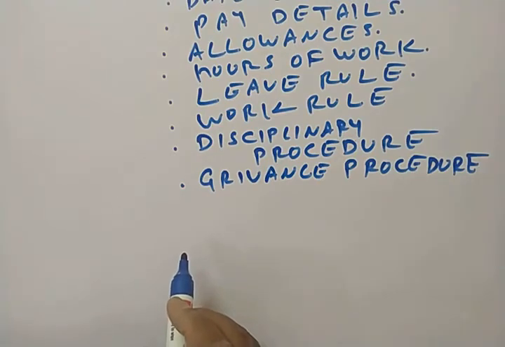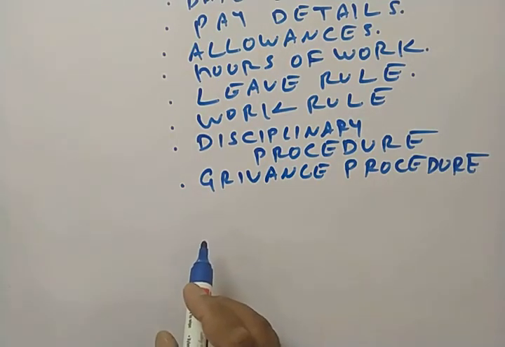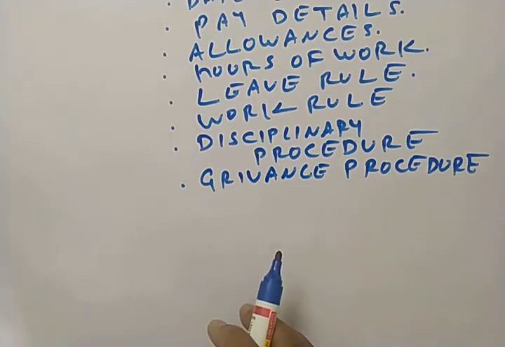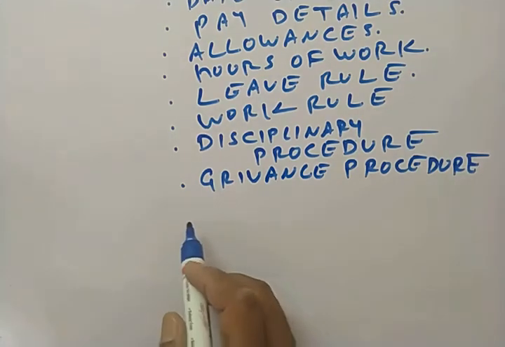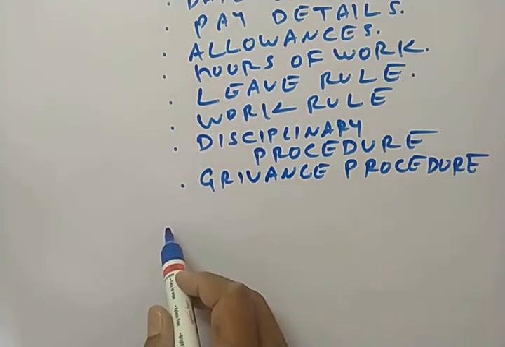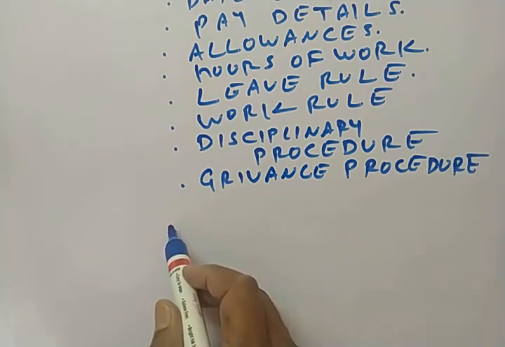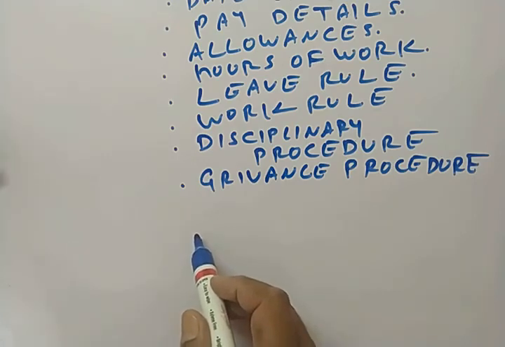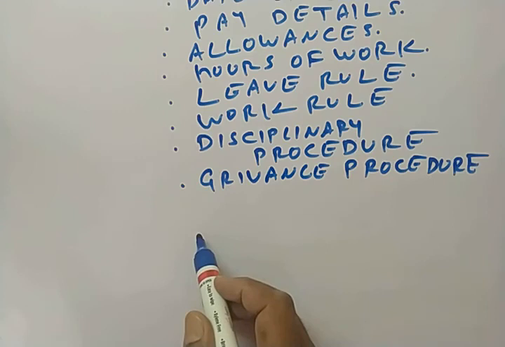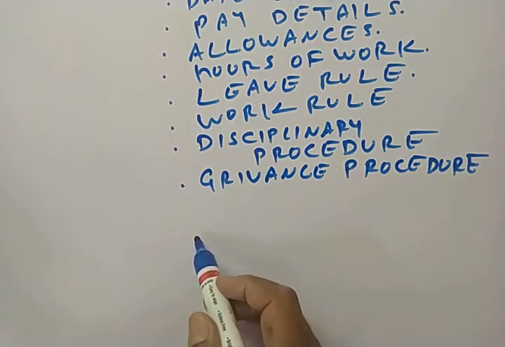In selection procedure, we saw preliminary screening, selection test, employment interview, references, selection decision, medical examination, job offer, and contract of employment. After going through this selection process, the candidate is selected.